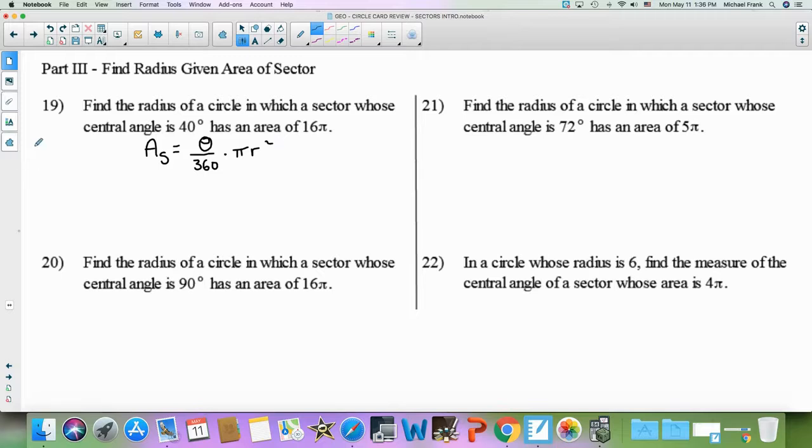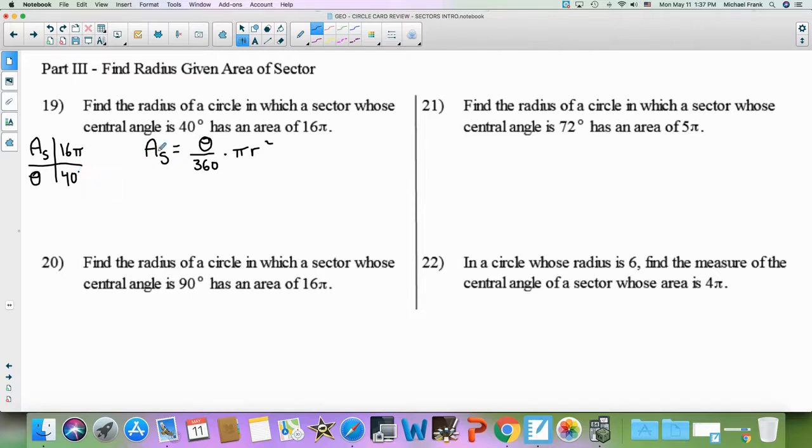In this problem, what's given to me is the actual area of the sector and the angle. They're telling me that the area of the sector in terms of pi is 16 pi, and that the angle is 40 degrees. It's the radius that I'm looking for.